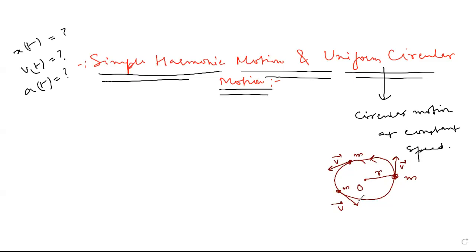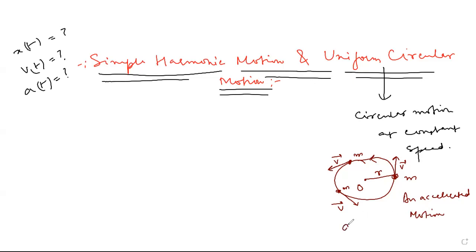Its speed is constant. Speed means the magnitude of the velocity vector is constant, but due to the change in the direction of the velocity vector with time, acceleration is produced. So it is an accelerated motion. You know all these things, I'm just refreshing your memory. It's an accelerated motion because of the change in direction of the velocity vector. Acceleration is produced in the body.